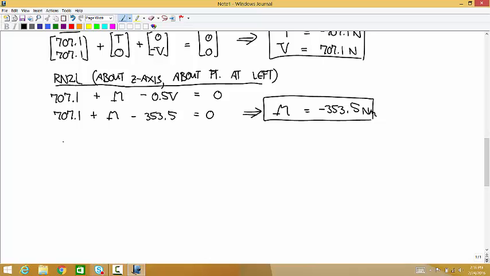And now the last one we have to do is the moment equation about the x-axis. And the about point we'll choose as the center of the cross-section.